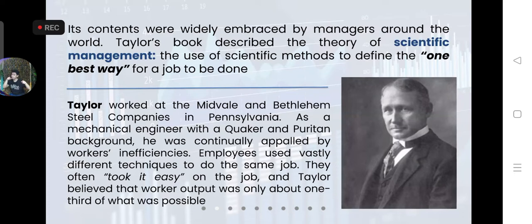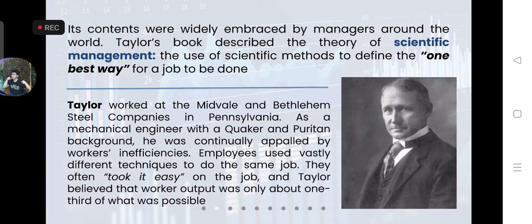So he argued that kaning upat nga principles, ako nang i-discuss later, would result in prosperity for both workers and management. So Taylor defined the one best way for a job to be done, like to do every part sa ilang mga tasks and to boost sa productivity.